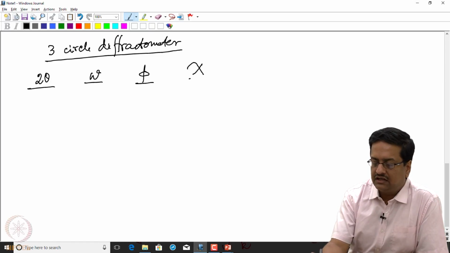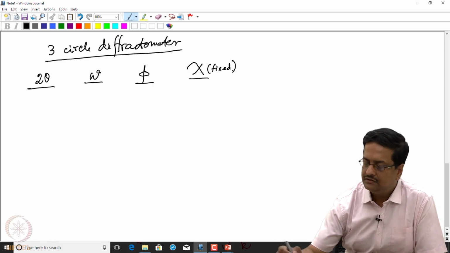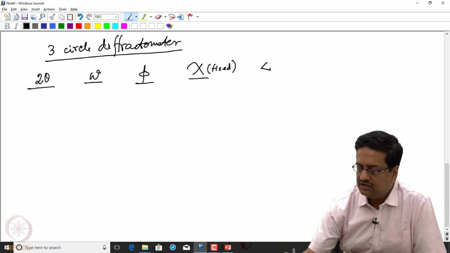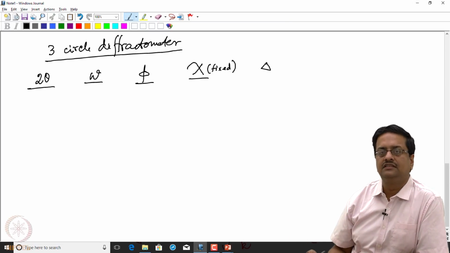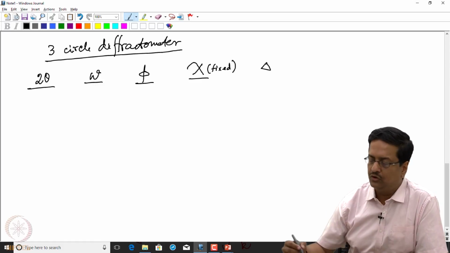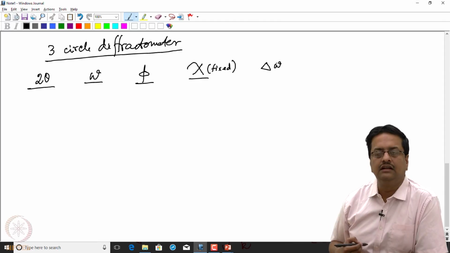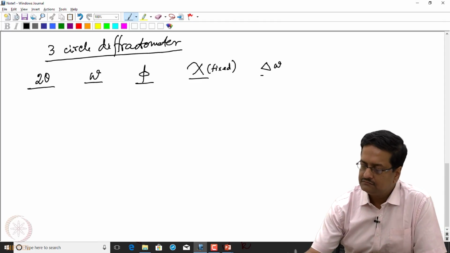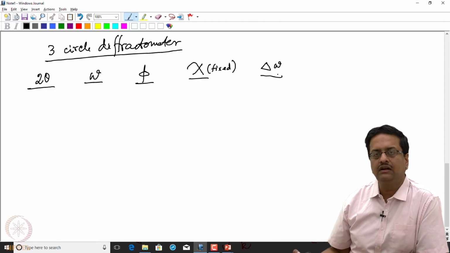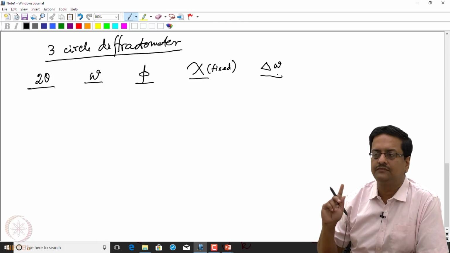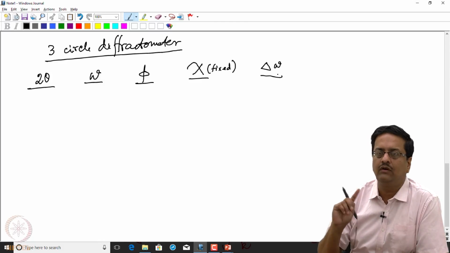In case of a 3-circle diffractometer, chi is fixed, and then we record the data with the moving omega. So, we need a width in delta omega, and what we need is to move omega from one point to another by a total of 180 degree.